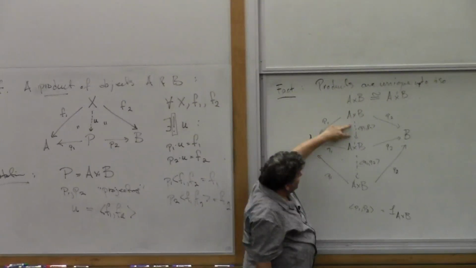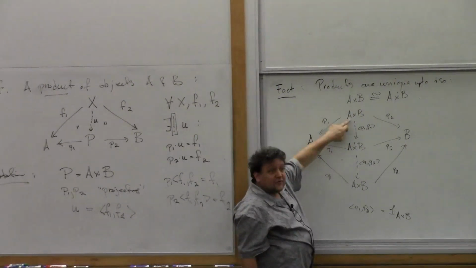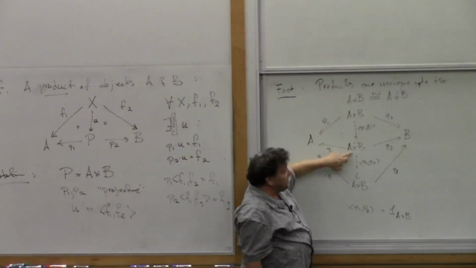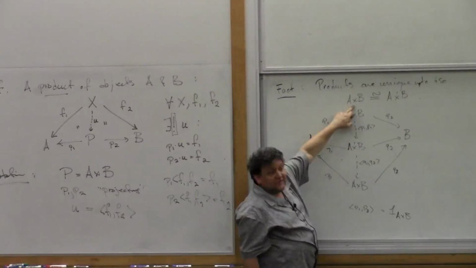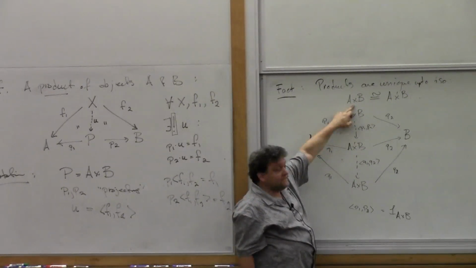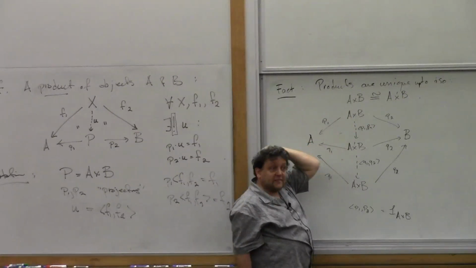And so I've shown that the composite of these two maps is the identity on A × B. But of course, the whole argument is symmetric. So if I do it the other way around, I get the identity on A′ × B′. And so I have an isomorphism between the two. I have maps going back and forth, the composites of which in each case are the identity maps.